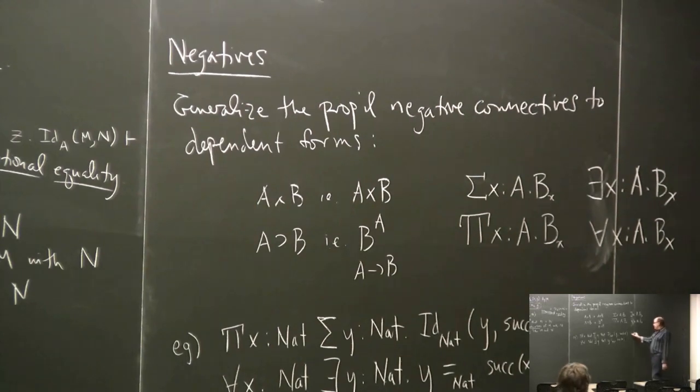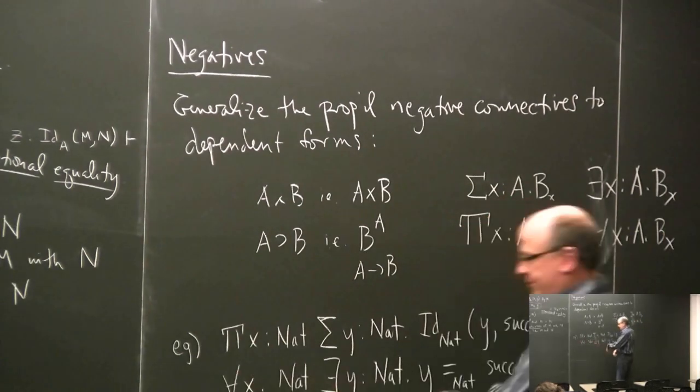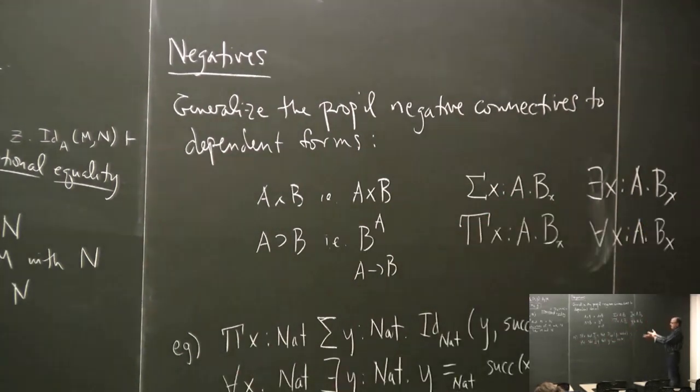The point is that the propositions as types correspondence just says that there's no difference between those. You could actually, if you wanted to be perverse, write for all and sigma. You can do whatever you want, but typically we go one way or the other. Okay, so that's an example of a type that we can form with these.